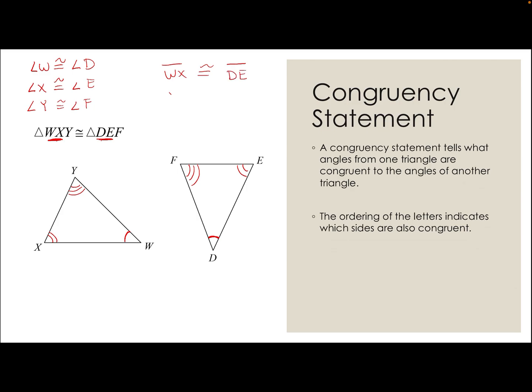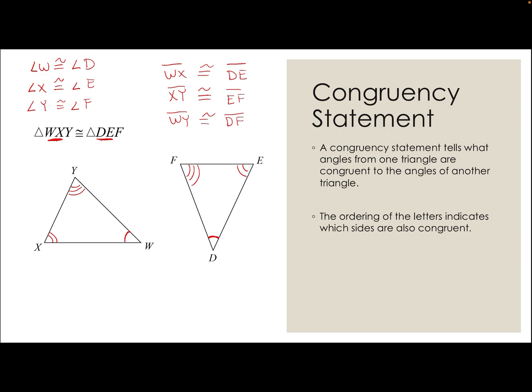We know the last 2 letters, which would be X and Y for the first one. So we know segment XY is congruent to segment EF. And the last one, we need to use the first and the third letter. So we know that WY is congruent to segment DF, or side DF.